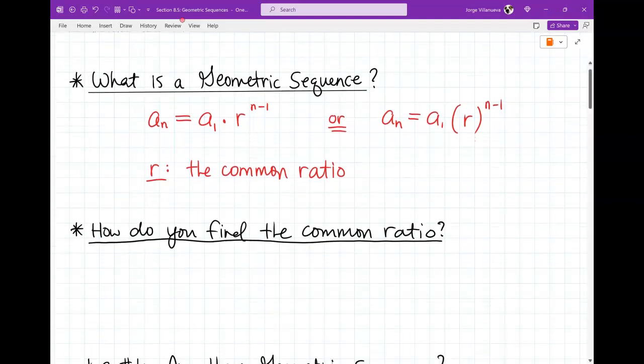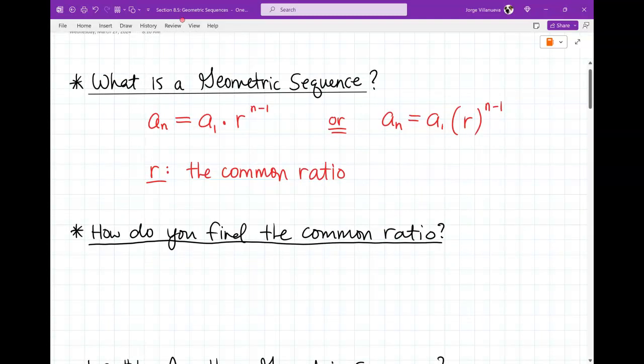Now, how do you find the common ratio? To find the common ratio, you have to divide. Given, let's say, a sub 1, a sub 2, a sub 3, a sub 4, and so on, so let's say I give you 4 terms.